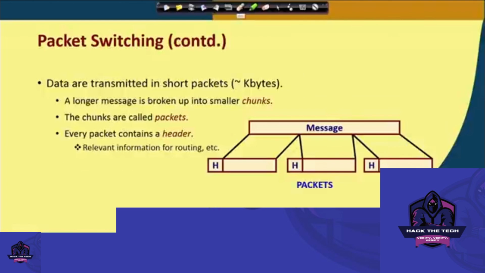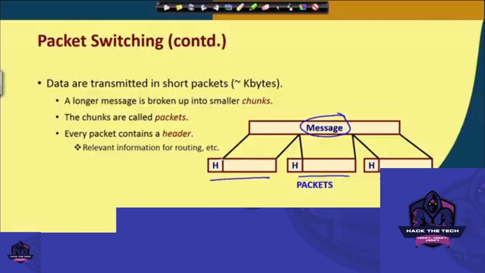Now, in packet switching, the essential idea is that when you are trying to send a message, suppose here we have a message that you want to send. First step, the message is broken up into smaller pieces or chunks which are called packets. These are my packets 1, 2 and 3. There are 3 packets, okay?